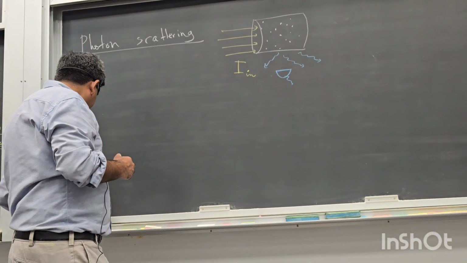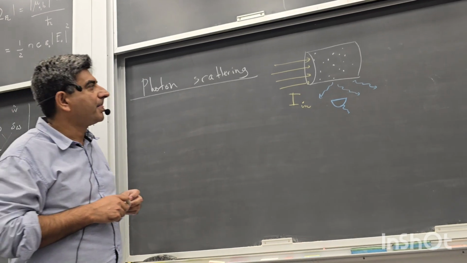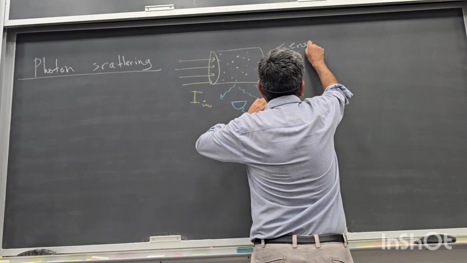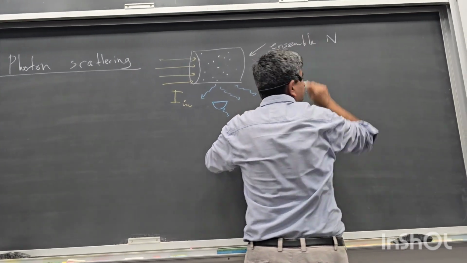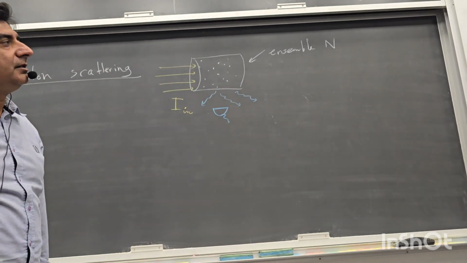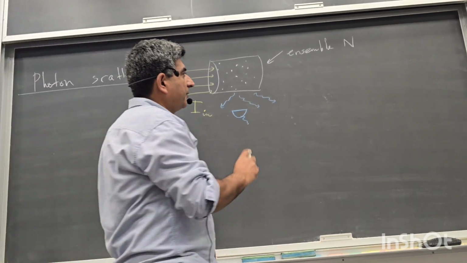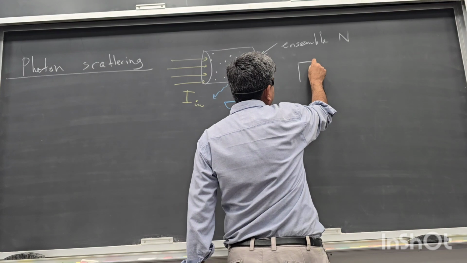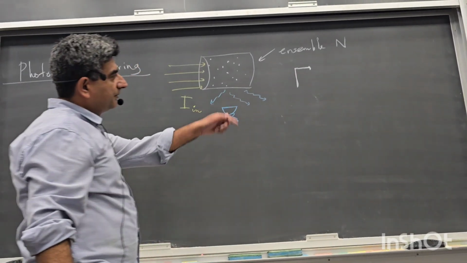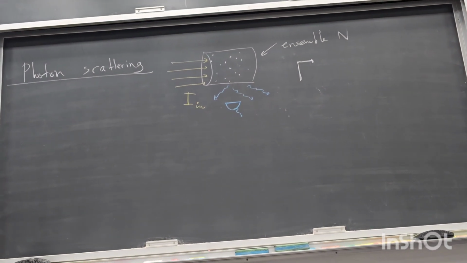So if we want to find out the rate of scattering of photons from this ensemble of atoms, so we have n atoms, and we want to find out how many photons are being scattered, and we would like to find out the rate of those scattered photons. Let's call that rate of scattered photons this symbol gamma.